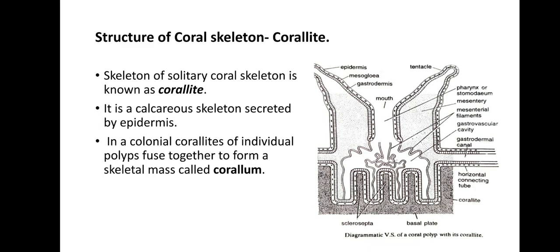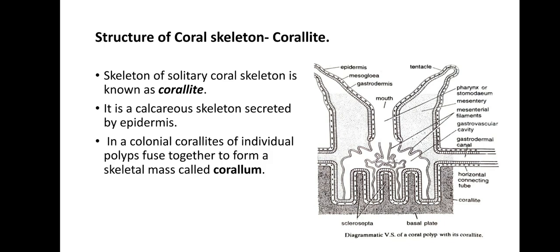For example, Millepora, an example of a hydrozoan coral. There are few hydrozoan corals like Millepora, whereas most of the other corals are anthozoan members, and they are very beautiful with all different possible shades of colors.